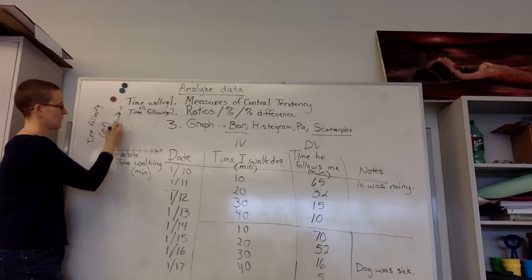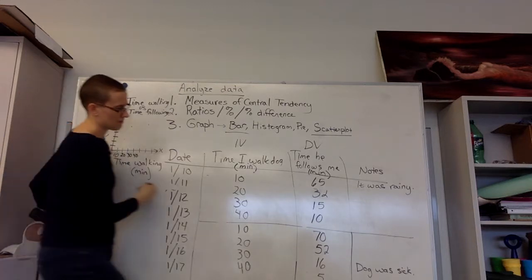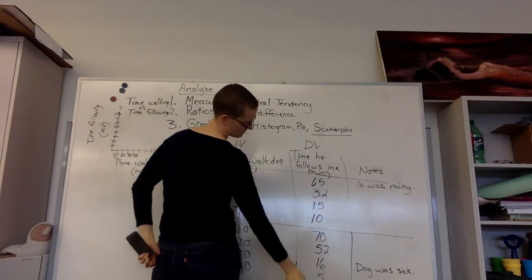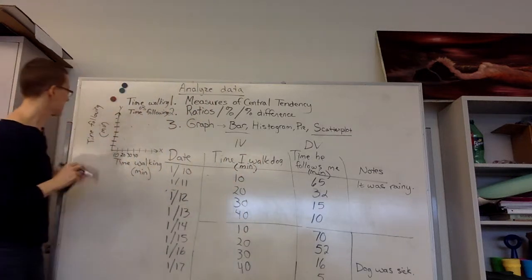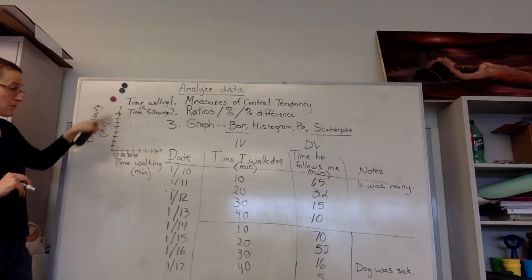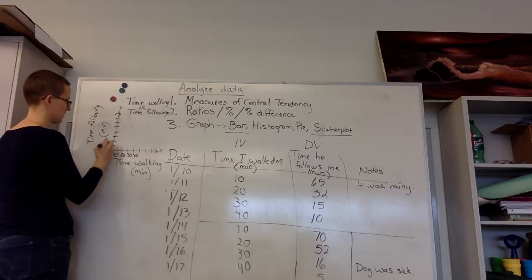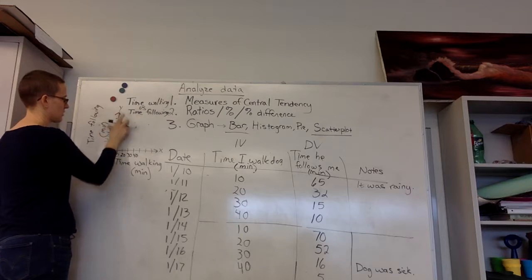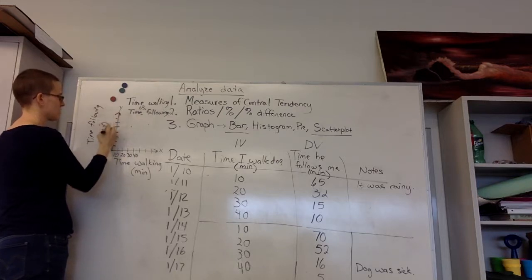Going up, my numbers vary from 5 being the lowest to 70 being the highest. So I might decide I'm going to go up by 10s going up this way. You'll have more space than me, so probably on your project you'd go up by 5s just to get a little bit more accurate graph.